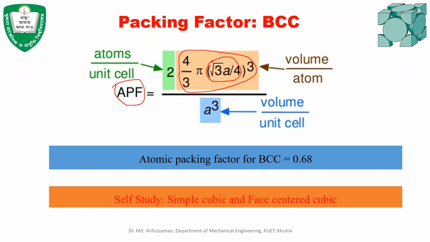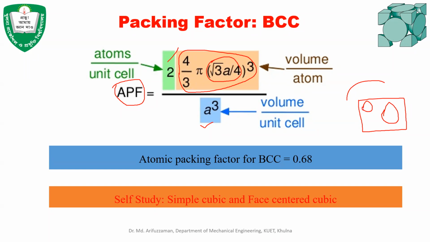Since the body-centered cubic structure contains 2 atoms, the total volume of atoms is 2 times the volume of a single atom, and the volume of the unit cell will be A cube. If we describe it using a 2-dimensional structure, if there are 2 atoms in this region, the area of the unit cell will be below, and the area of the atoms will be at the top.